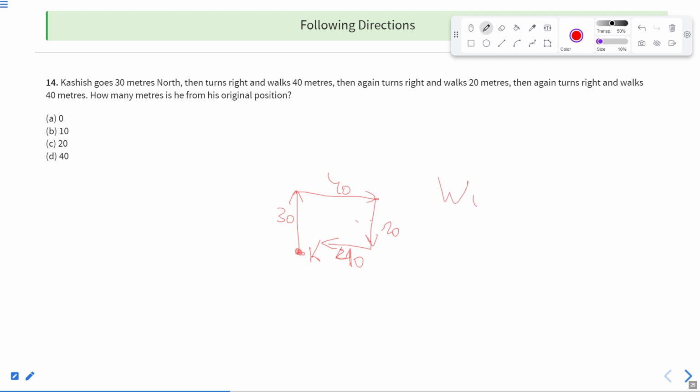Now we have west and east, which are moving approx 40 meters. And we have north movement of 30 and south movement of 20. Therefore, net movement of 10 meters north. B.